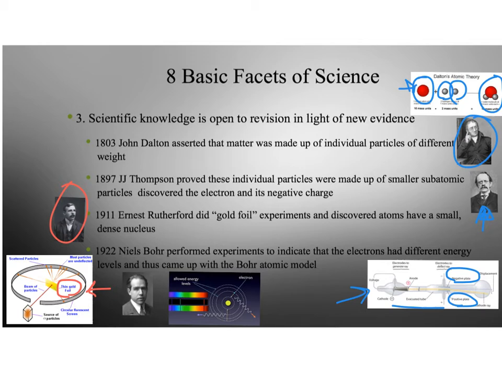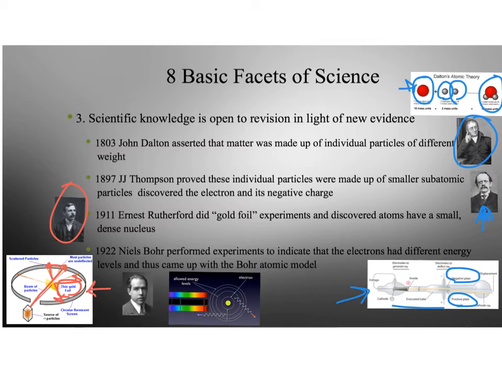And what he found out was most of the alpha particles that went through the foil were undeflected. They came straight shot through. But he did find that there were some particles that went in all kinds of different directions, and that puzzled him. He was like, what the heck is going on?